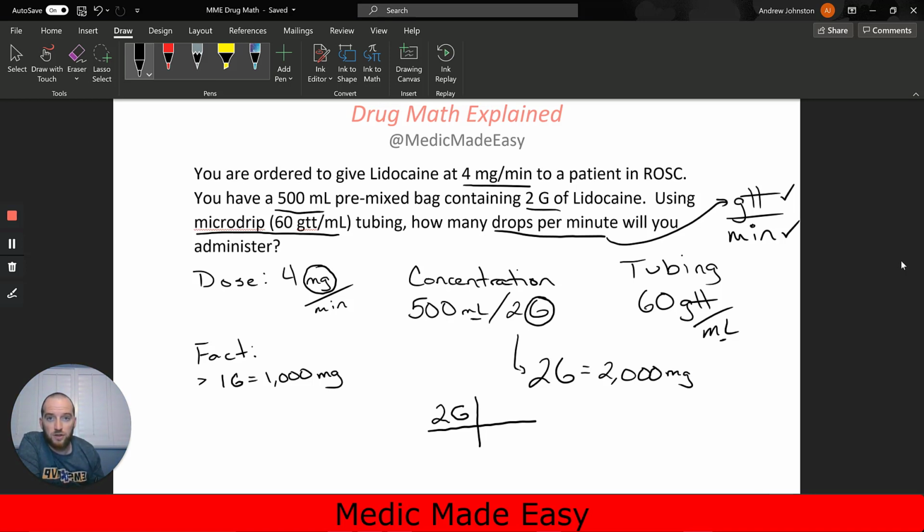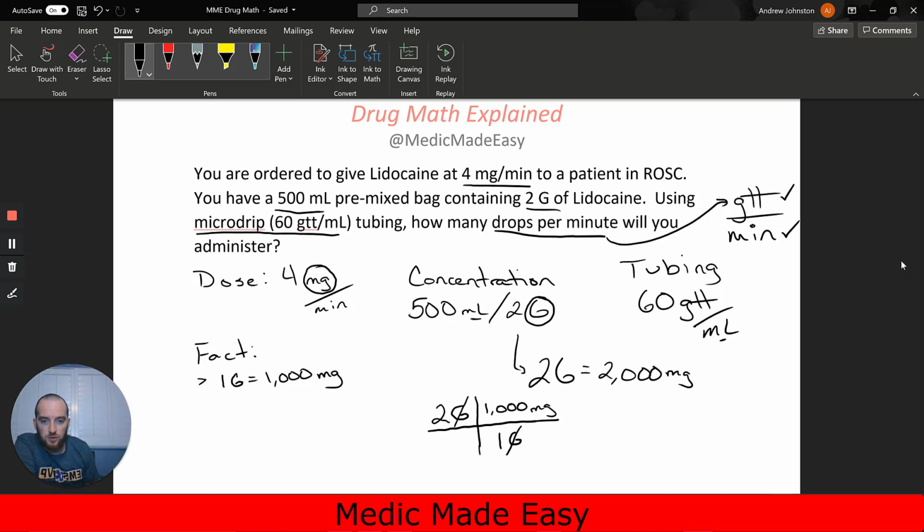Part of the way this setup works is putting the units on top and on bottom of these little boxes. We have 2 grams on top and 1 gram on bottom. When we have the same units on top as on bottom, those go away. So we cancel units top to bottom, and then multiply across.